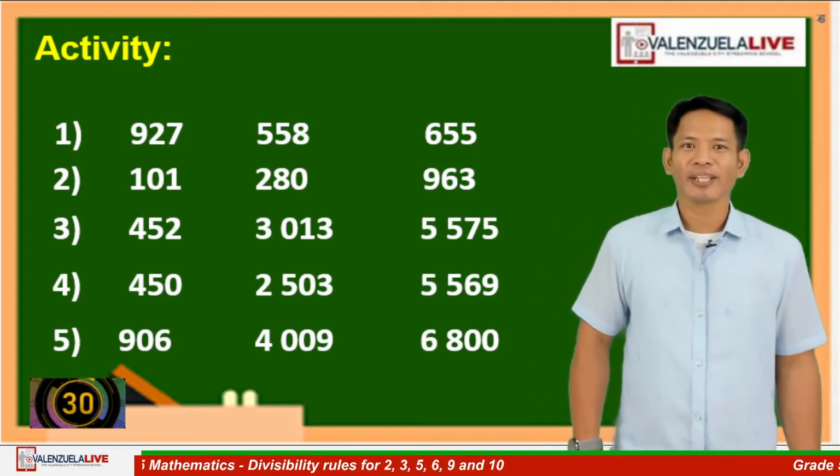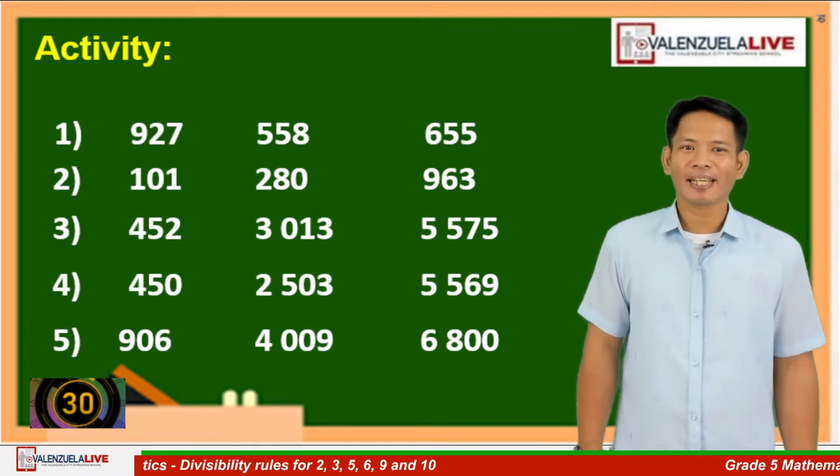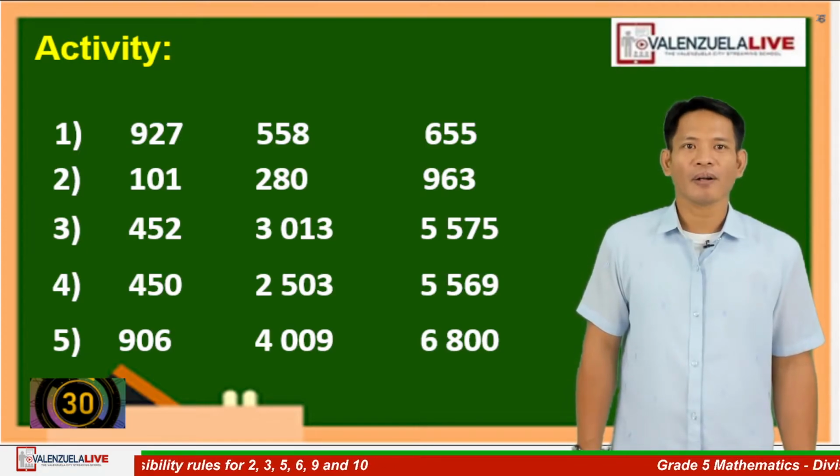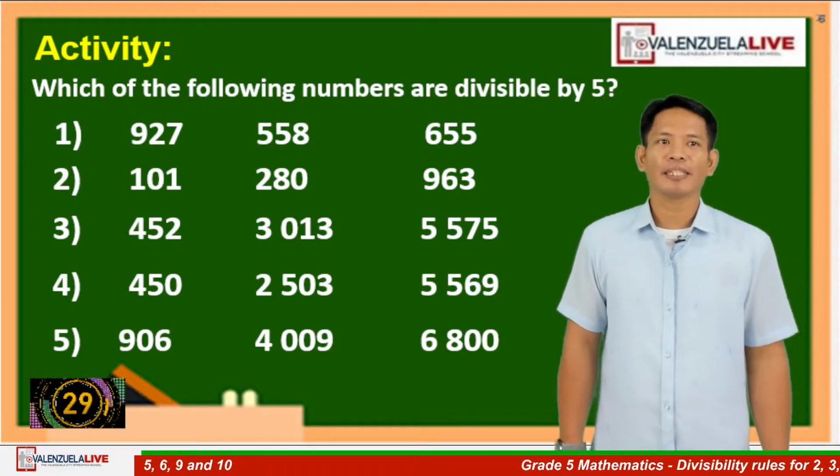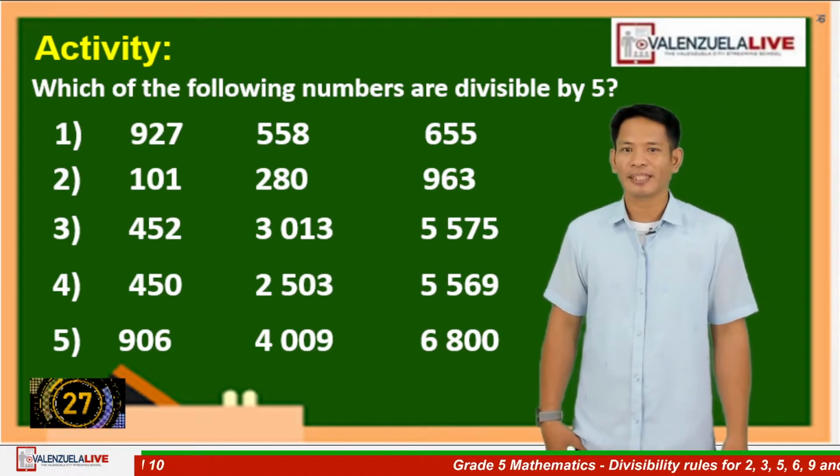Now, again, it's your turn. We have 30 seconds to solve the following numbers. Find the following numbers that are divisible by 5. 30 seconds.